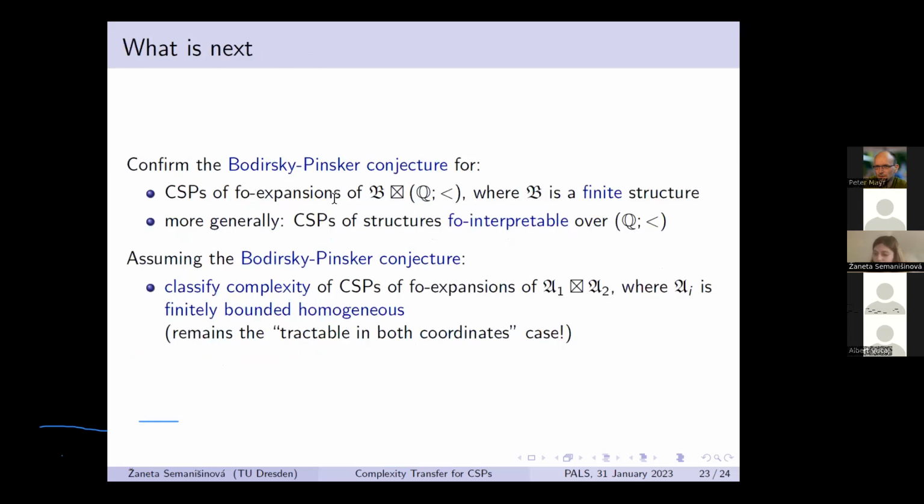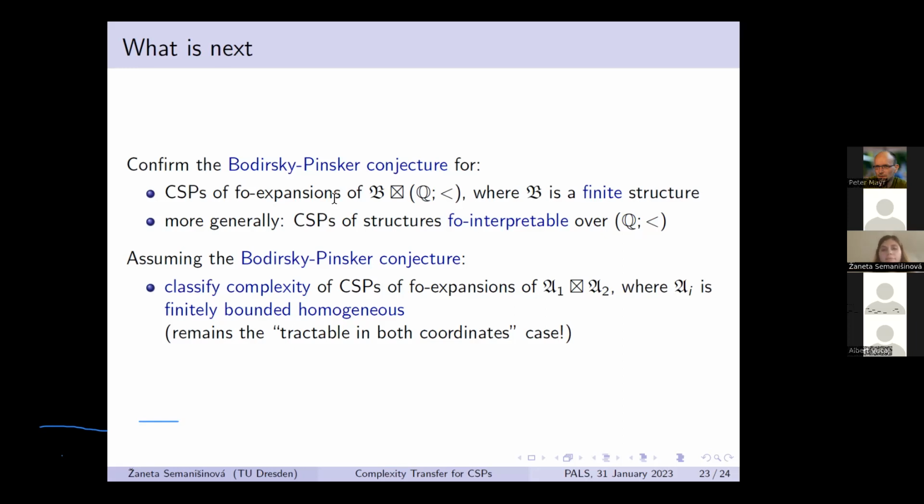To wrap up, I would like to talk a bit about what one could do in future work. One thing we would like to understand is what happens for algebraic products of a finite structure with Q with order, for two reasons.